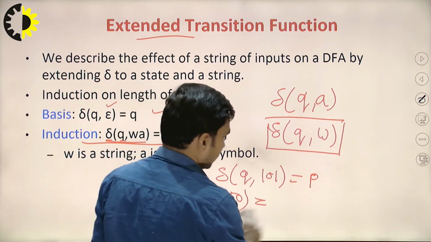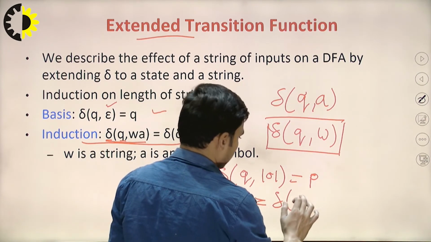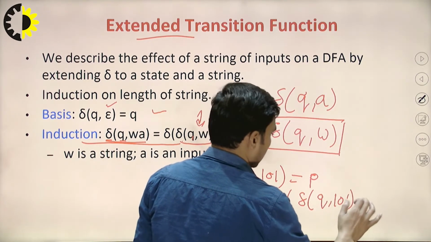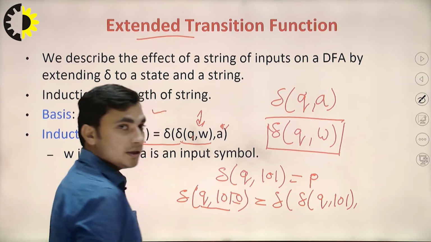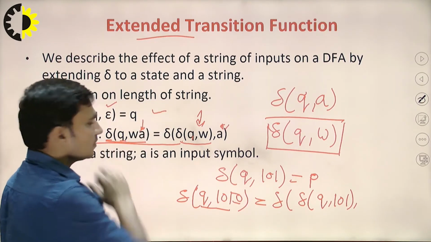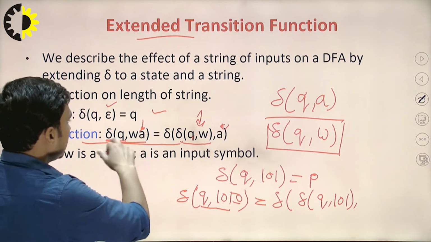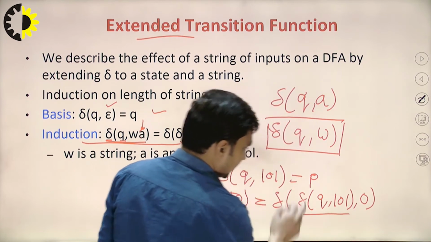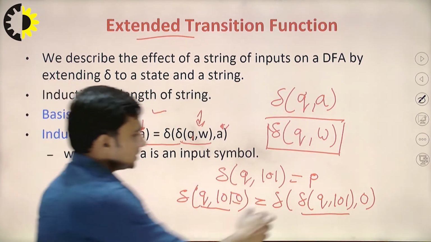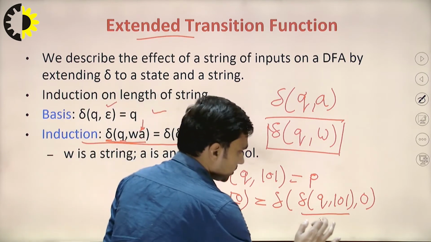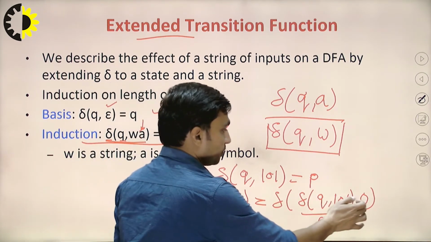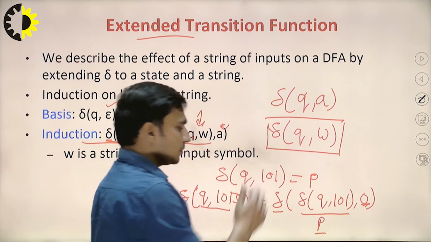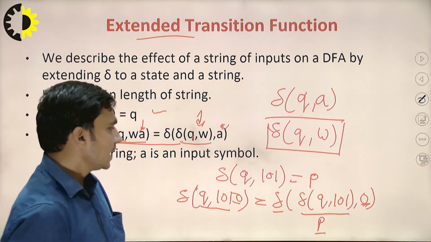So we will get the final state as delta of Q, 101, and now 0 is the additional input symbol, which we are representing by A in our definition. So the state we are getting for this transition function is P. Then we read this input 0 on state P, and whatever state we reach, that will be the output.